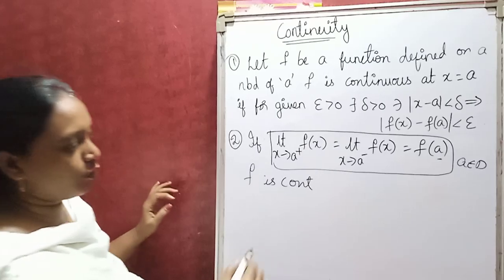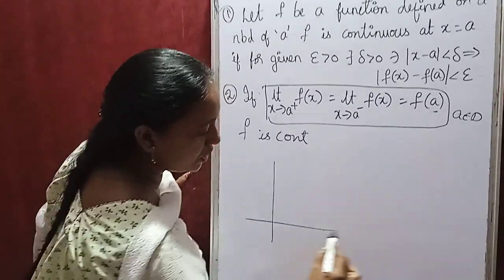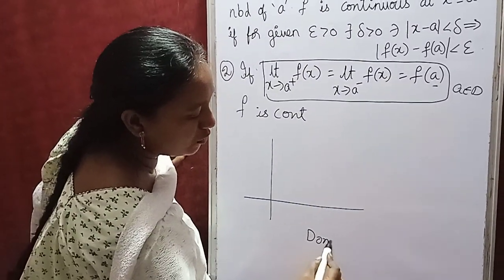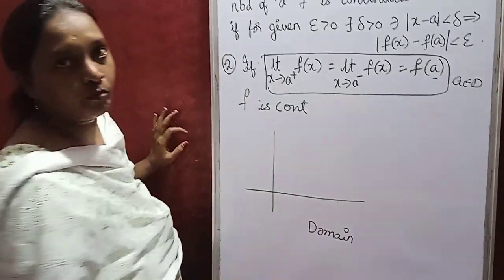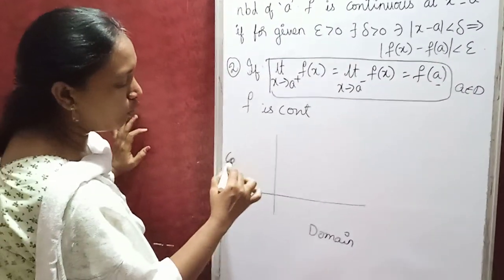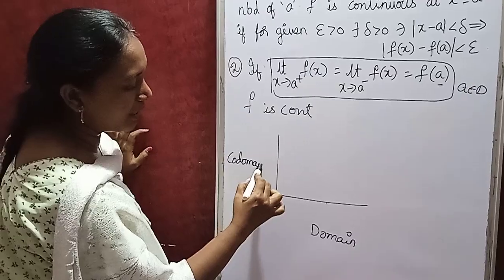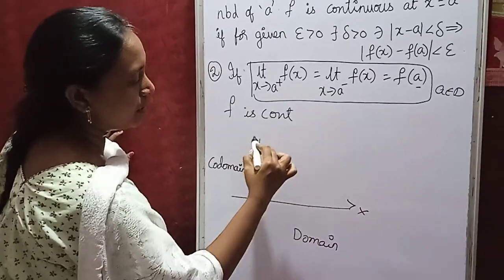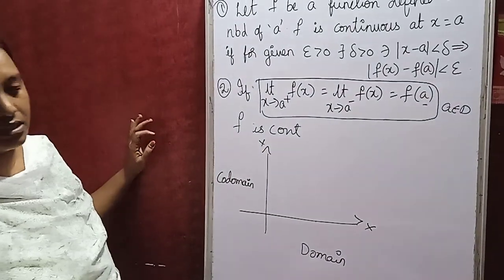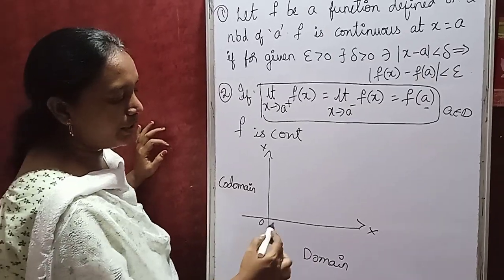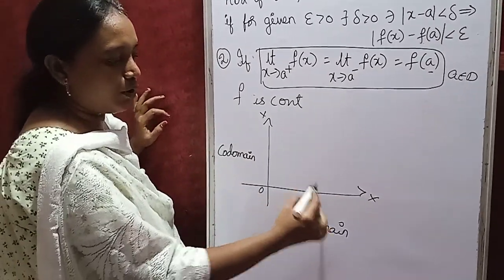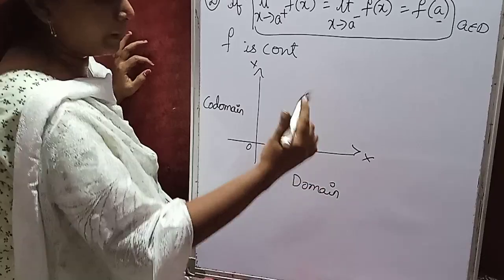In particular, to understand this, suppose we take the domain values on the x-axis and the codomain values on the y-axis. This is the x-axis, this is the y-axis. Now we write all our domain values on the x-axis.